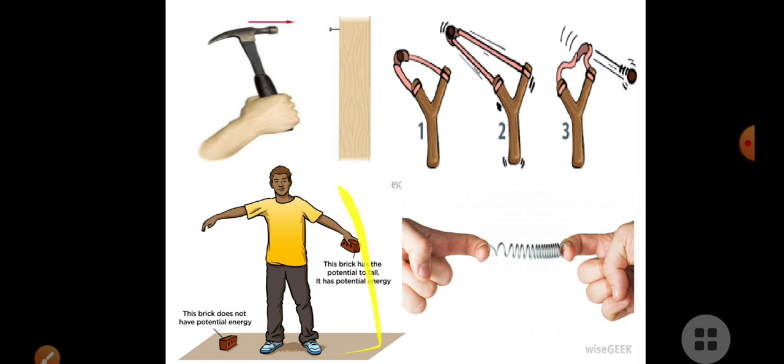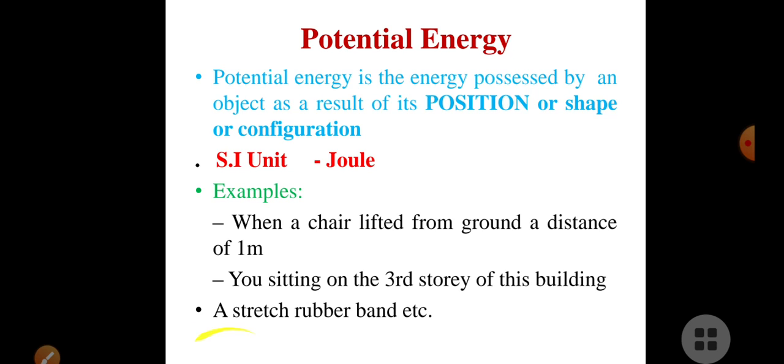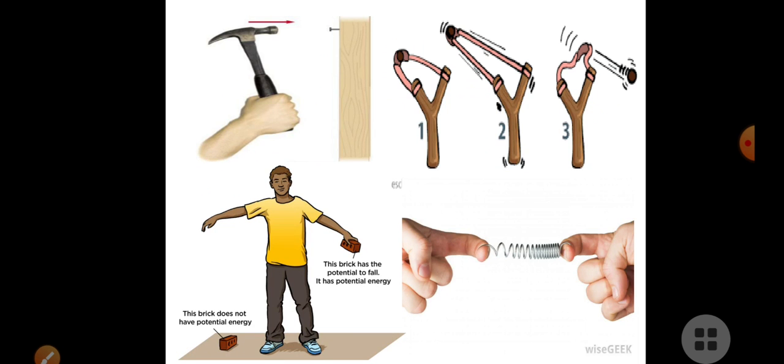In the third example, this boy is lifting this block, and for this he has to do work, and as this block has some height from the ground, this block has potential energy. When this brick or block falls on the ground, then it does work.